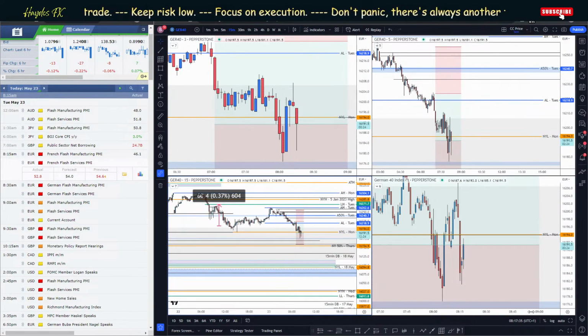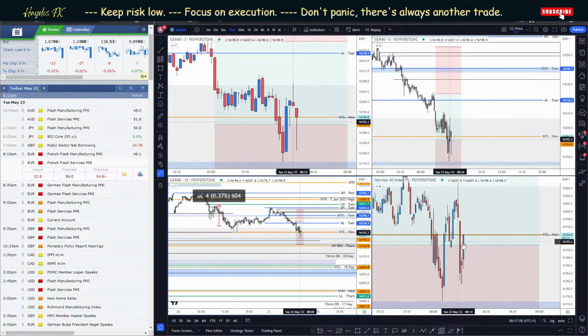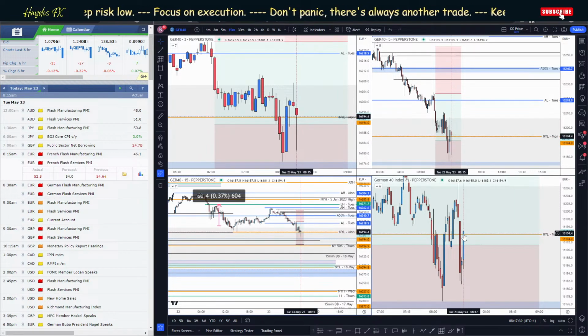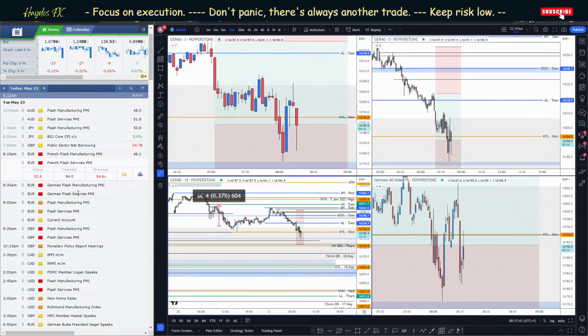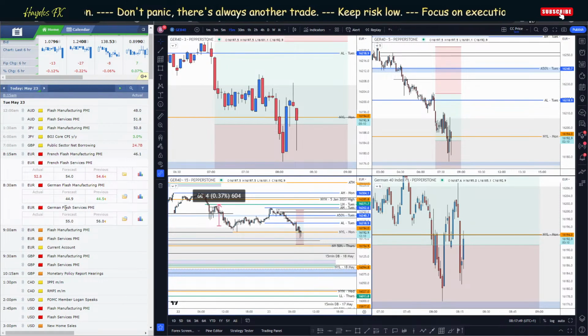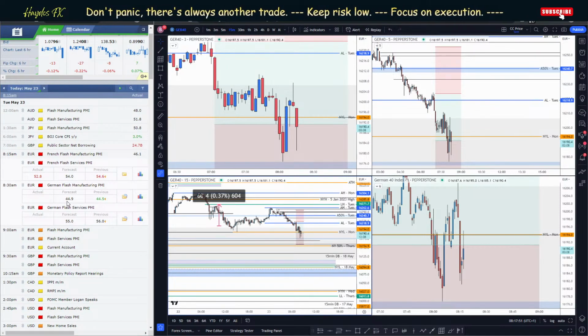Now we've got 13 minutes to wait. See that nothing's really happening, still just consolidating, doing liquidity grabs, holding us here in this crappy range. We need to see if German news is going to be mixed or overall bearish.